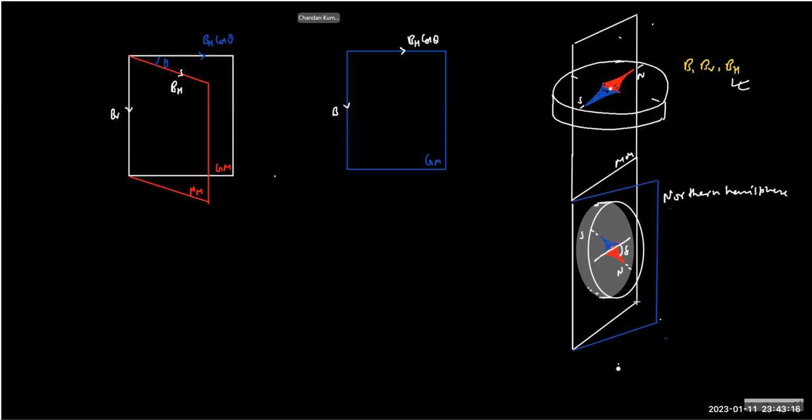Keeping the plane of the compass vertical, if I tilt it towards me, what do you expect? It should increase. Definitely. Why should it increase? Because the horizontal component BH is decreasing. Exactly. Because we know that this is BH and this is BV. But as you tilt, BH itself will decrease by the value BH cos theta. Let's say theta is the tilt.